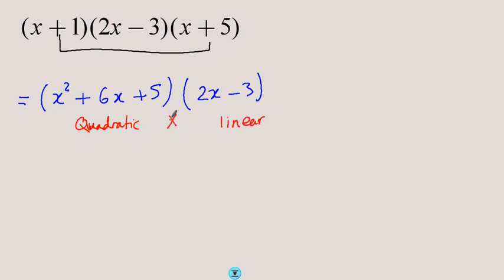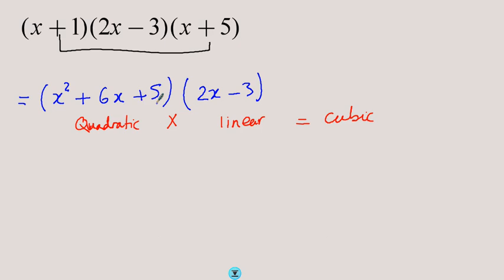And when you multiply a quadratic by a linear, you get a cubic, which is an expression where the highest power of x is 3. And you can go ahead and multiply the brackets term by term and then simplify what you get. But what I'm going to do is a shortcut.